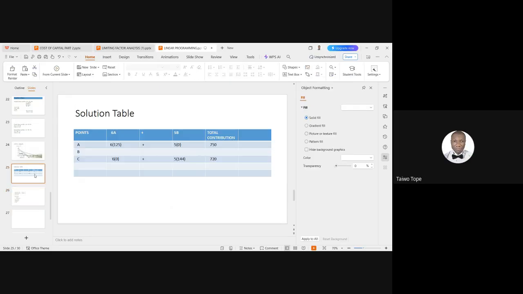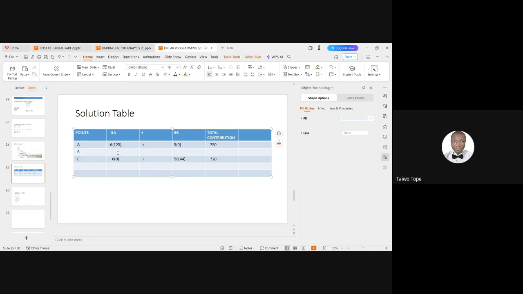You can now come back to this table. At this point, it will be 6A, so 6 multiplied by the value of A, from the equation you saw, 88.34, plus 5 multiplied by the value of B, 73.33.